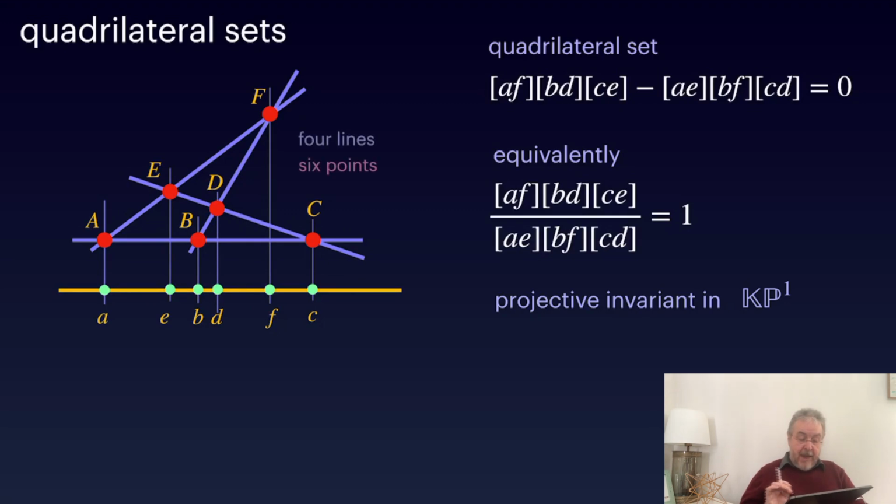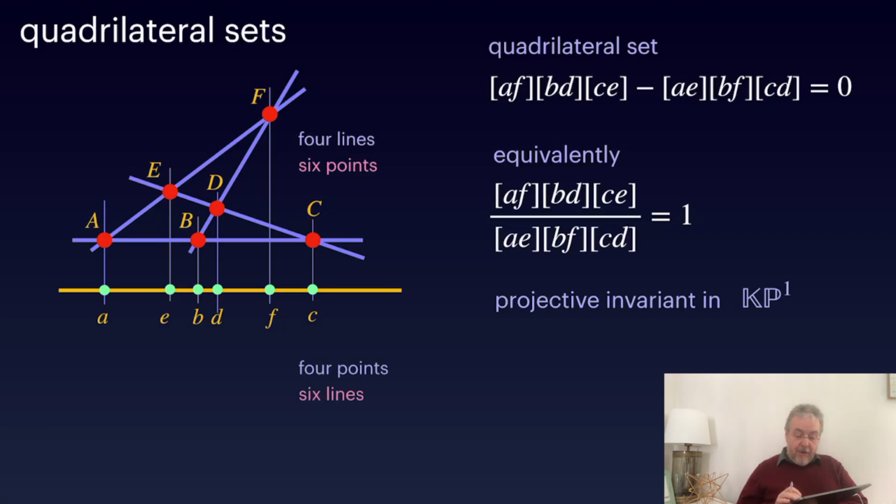So let me go back to our original picture, and I want to show you something else that happens here. I called it quadrilateral set, and in some sense the number 4 has to be involved here. So we have 4 lines and 6 points. And so far everything we had in projective geometry was such that points and lines somehow played an interchangeable role, and actually the same happens here as well.